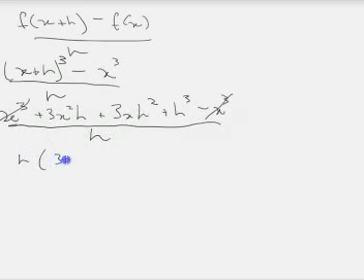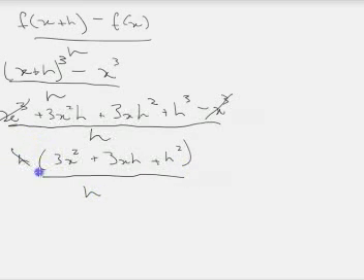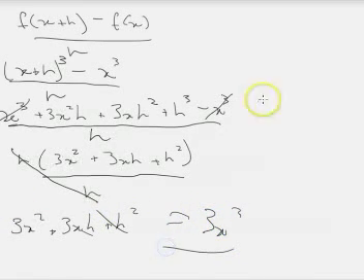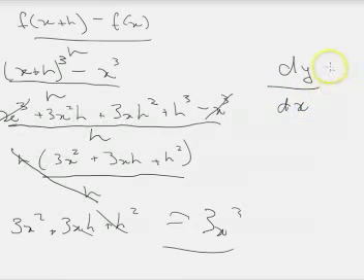We can take one h out, which will give us 3x squared plus 3xh plus h squared over h, and lo and behold, these two h's will cancel, leaving us with 3x squared plus 3xh plus h squared. When we plug in 0 here, these two terms will go away, and we are left with 3x squared. So this means that the derivative of the function y equals x cubed is equal to 3x squared.